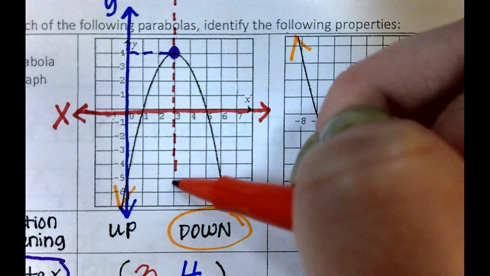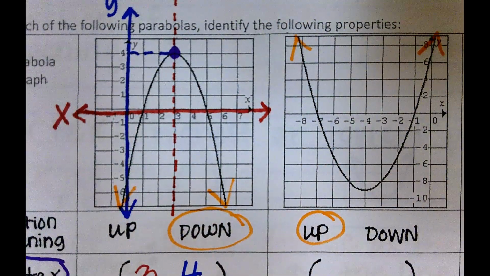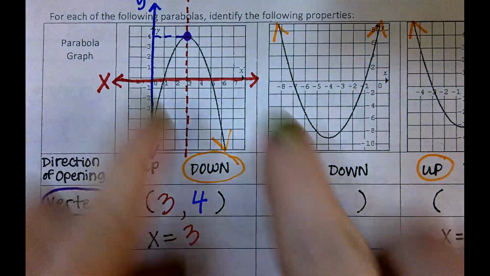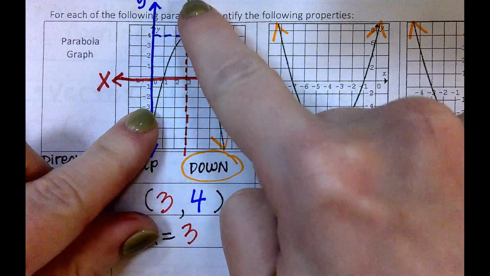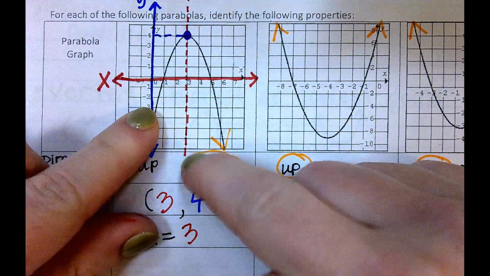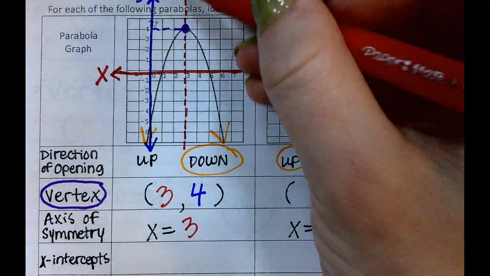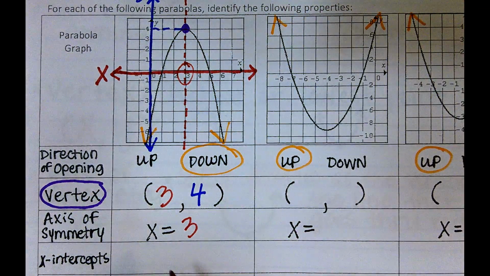The center. Symmetry is also like things that reflect. If something is symmetrical, it's the same on both sides. So we know this is the axis of symmetry, and it goes through 3 on the x-axis. So x equals 3.